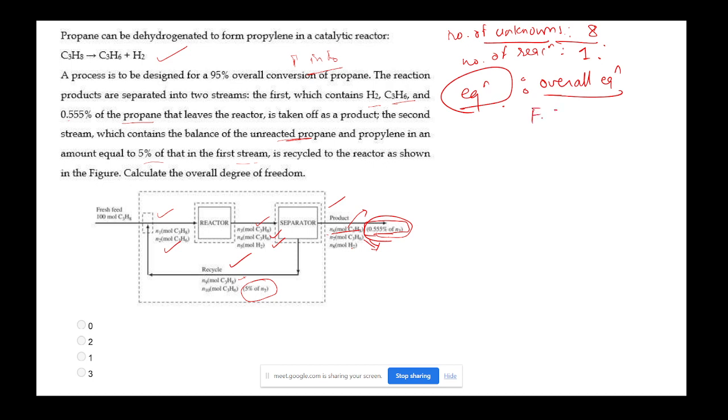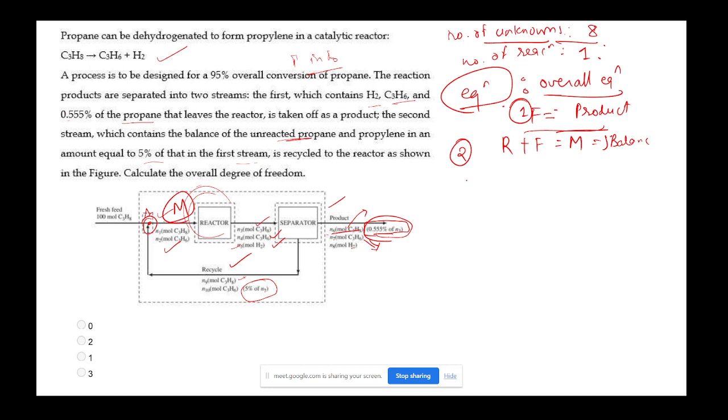This is feed equals product balance, so this is equation number 1. Then another equation you will be able to write at this junction: recycle plus feed equals the mixture. Let's say this is the mixture, so this is the balance at point A. Now there will be a reaction.